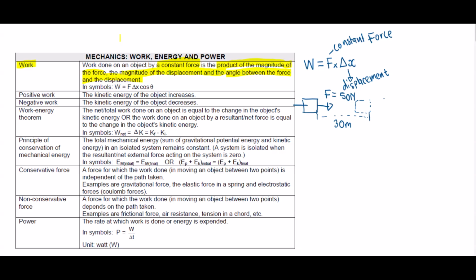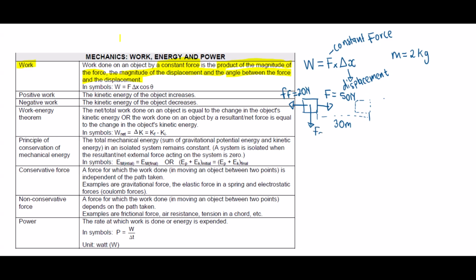Let's say we also have a frictional force of 20 newtons, and another force going down. The object is a 2 kg block. So this 2 kg block is being pulled to the right with the 50 newtons force, and the frictional force in the situation is just 20 newtons.